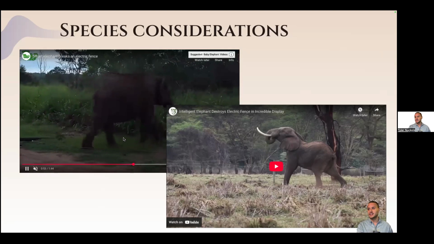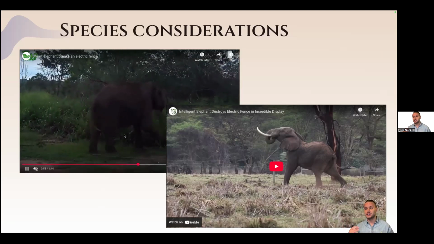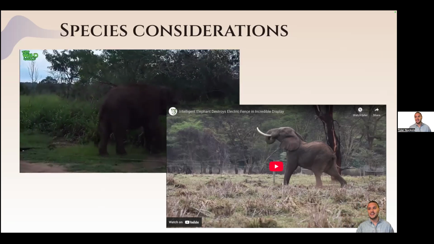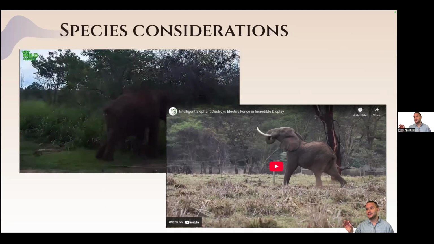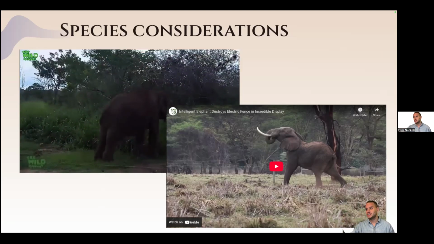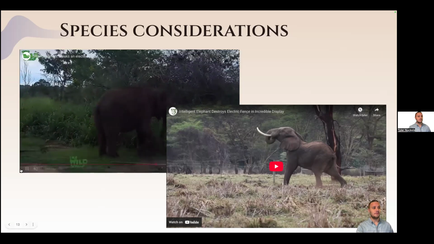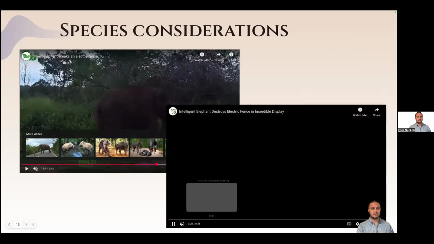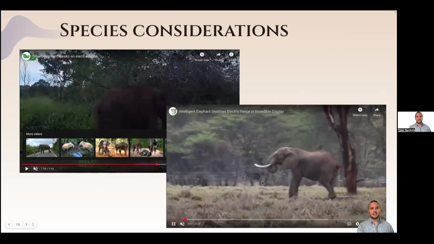Learning that the wires are electric, but the wood doesn't conduct the electricity. And so even though I'm very large and I could just push it over with my body weight, I can use my very deft, very capable trunk to grab it and pull it over, right? And with African elephants, you see similar behaviors, but different adaptation, right?